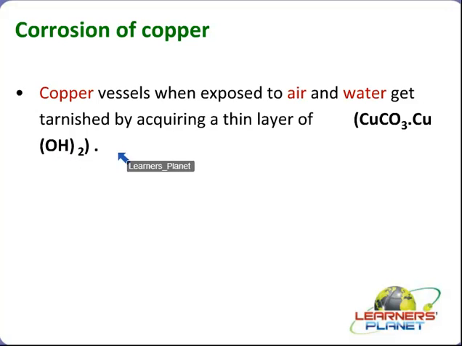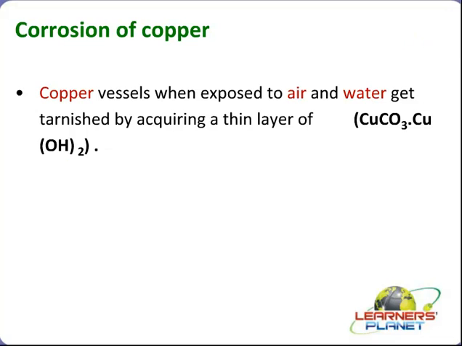By this reaction, your thin layer of copper carbonate and copper hydroxide is formed. Now every time that is scratched off or washed, what happens? A few copper particles are also removed. Slowly the layer of the copper utensil will become thinner and thinner. So this is also eating up of metal.